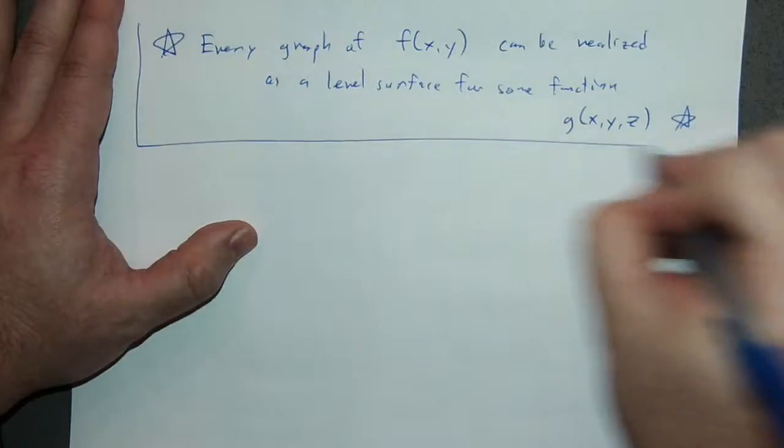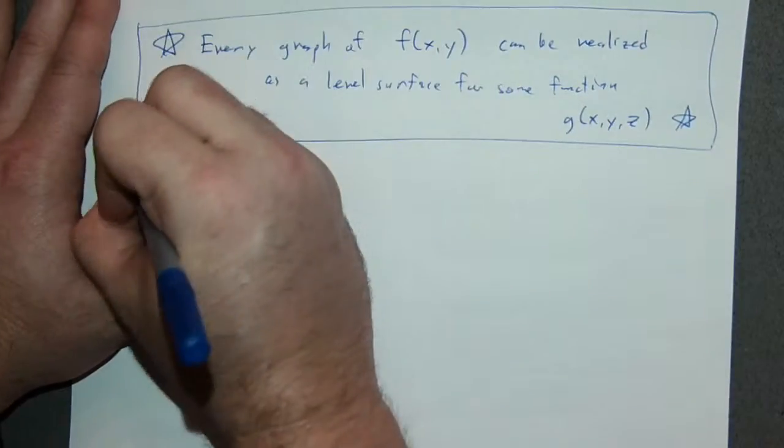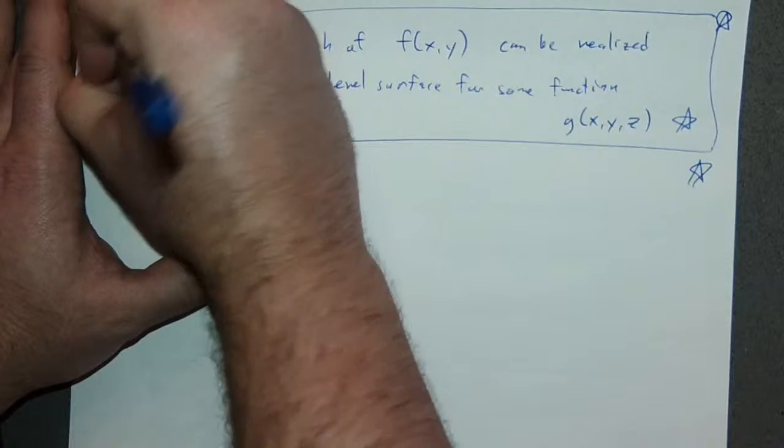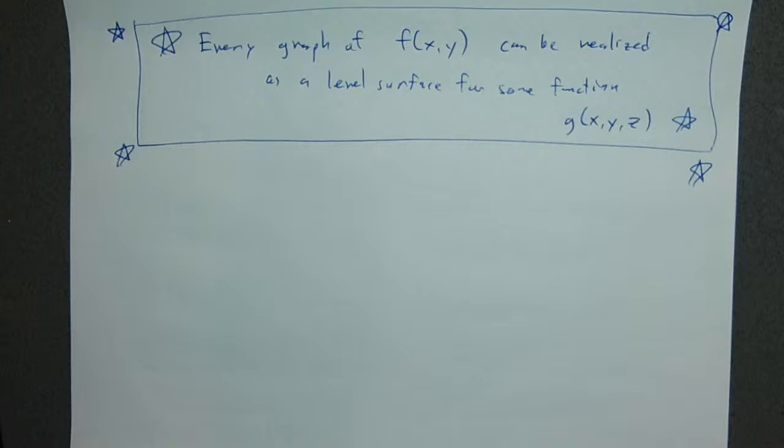This is a very important fact. So every f of x, y can actually be thought of as a level surface for a function of three variables. This is also why we can't escape having to do some of these computations involving functions of three variables, because they're hiding in plain sight.